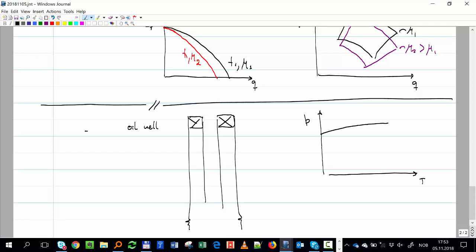So it looks something like that, and then we have the dew point line, and this is the bubble point. Initially, here is PWF, and reservoir pressure is here. This is PWF, and this is PR.